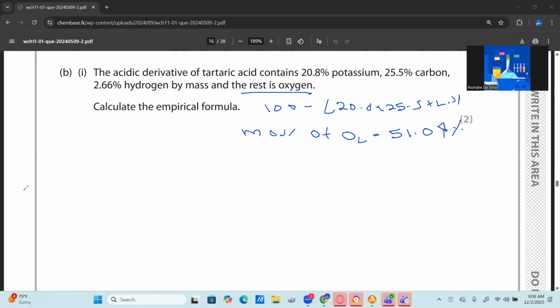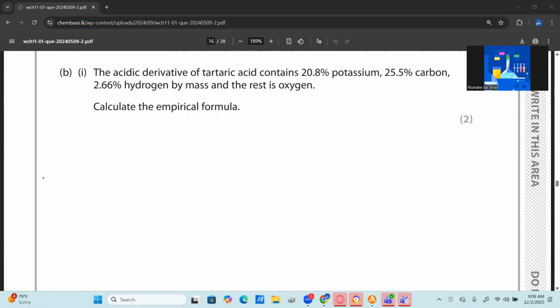Then we can work it out as a normal empirical formula calculation. We have potassium, carbon, hydrogen, and oxygen. So first thing is you divide by the atomic mass: 20.8, 25.5, 2.66, 51.04.